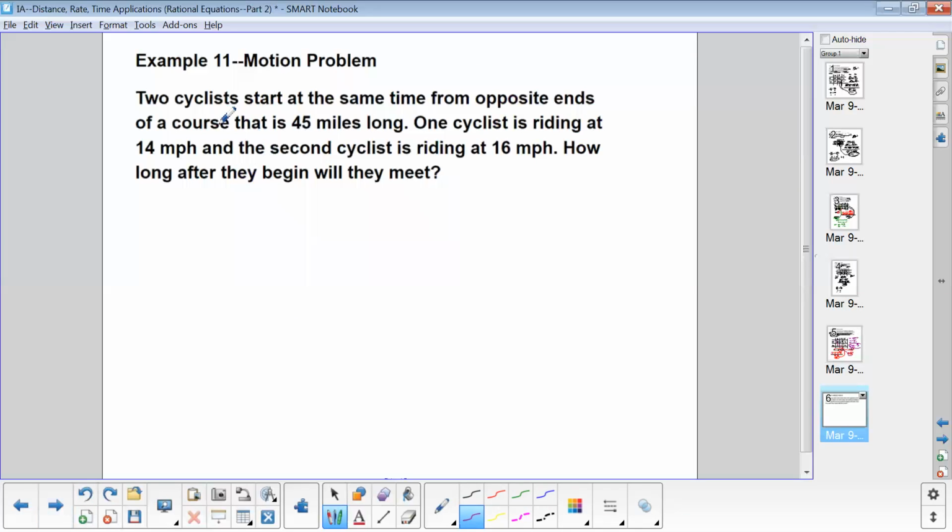Last one, we've got two cyclists starting at the same time from opposite ends of a course that's 45 miles long. We got one cyclist and we got a second cyclist. One cyclist is riding at this rate, second cyclist is riding at this rate. We want to know how long until they meet. So we're looking for time.